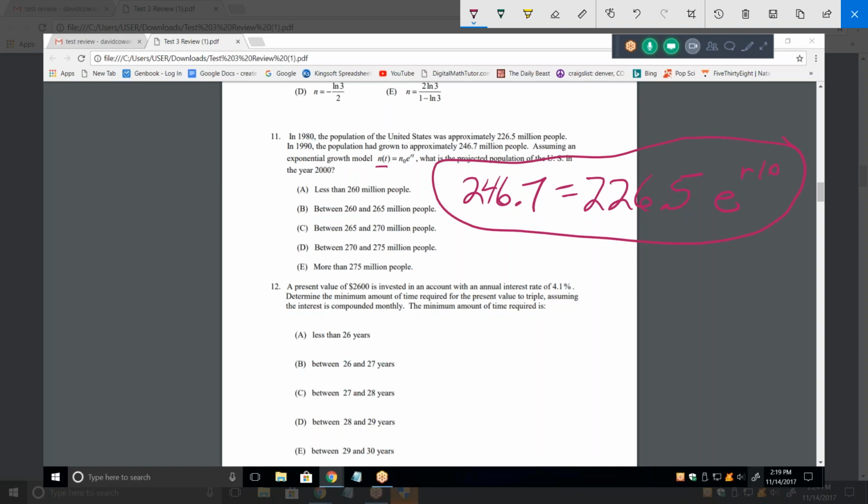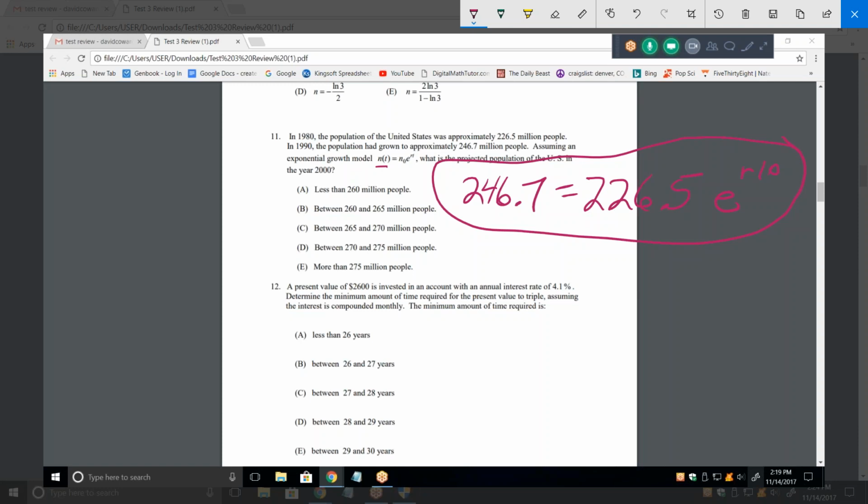Do not be confused by the number e. That is not a variable, that is a constant. Okay? So whenever you're solving an exponential equation, that is where the variable's in the exponent, you inevitably have to use logs.